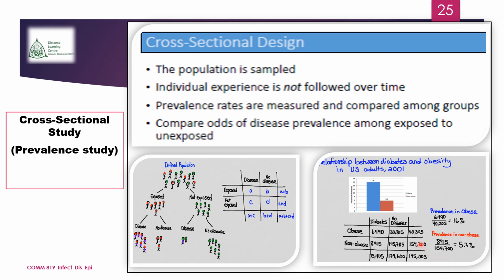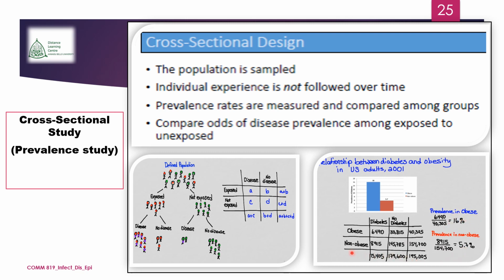Then out of the non-obese, we have 8,915 came down with diabetes. So to calculate the prevalence of diabetes in the obese individuals, it will be those with diabetes, 6,490, divided by total number examined, which will give 16%.